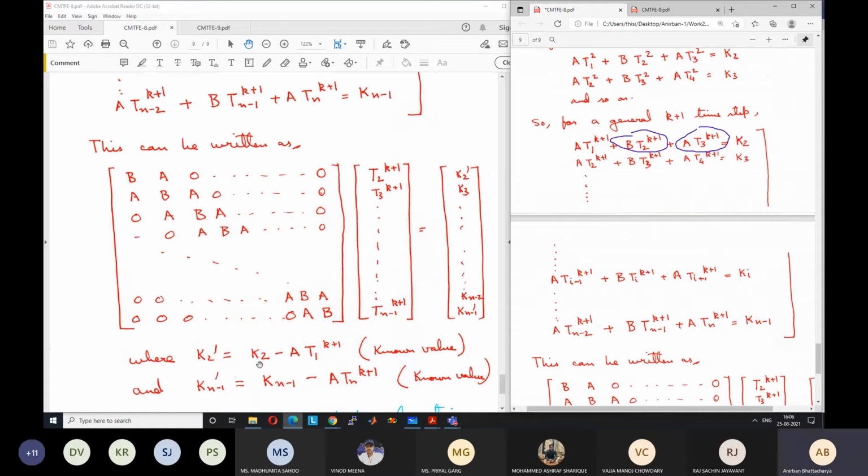K2 dash is equal to K2 minus A T1 k plus 1. Why have we written it like this? Because T1 is known. Why? Because T1 is the boundary temperature, the boundary condition.